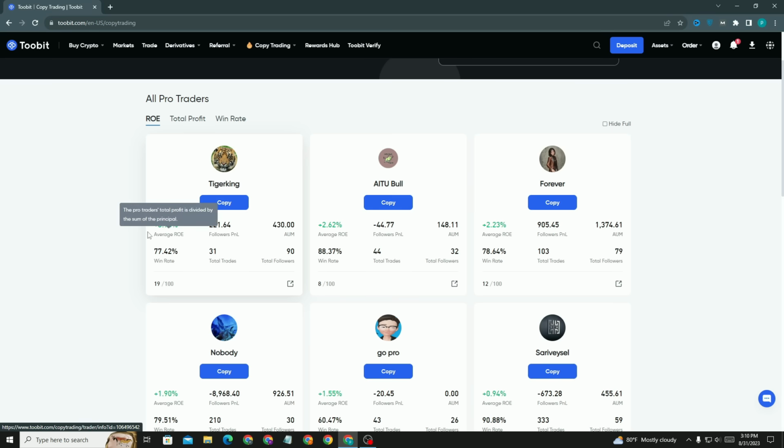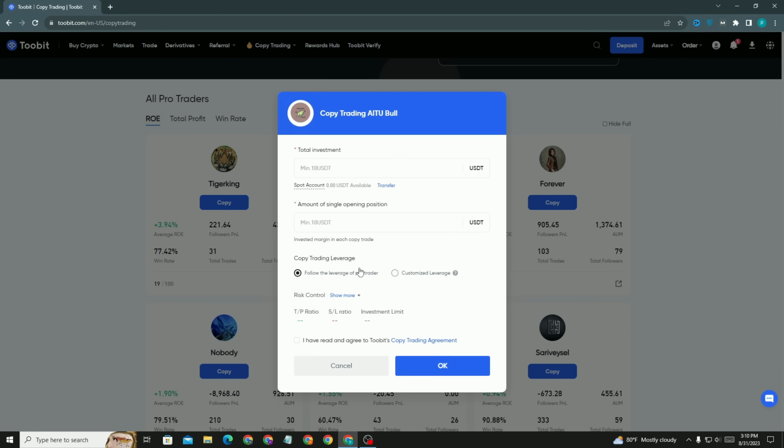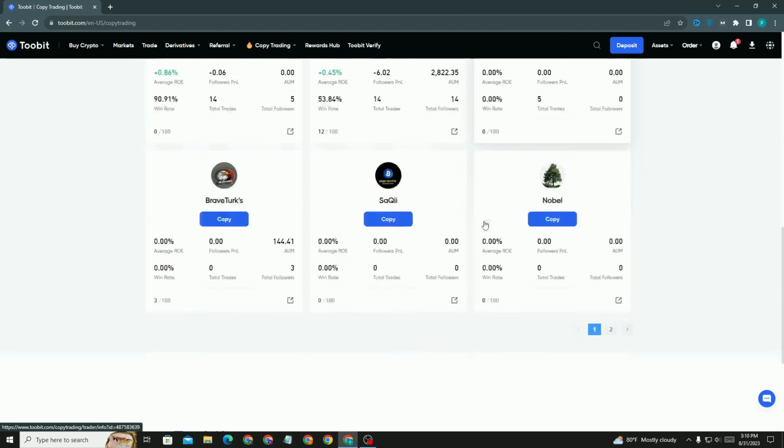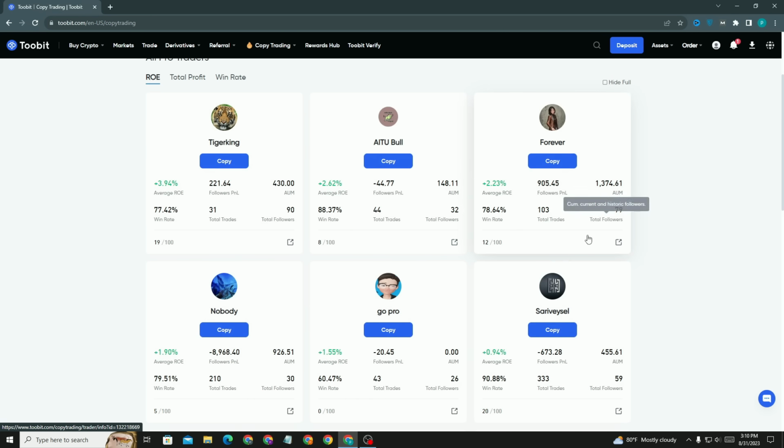So for the second one, you can simply copy the second one also. Simply see, enter some amount of money, and agree to the terms and conditions. Then if you are able to click OK, then you are doing copy trading. So it's just a very easy and simple process. If they get some profit, then you will also get those amounts of money over here in the Toobit platform. So I've taught you about copy trading also.